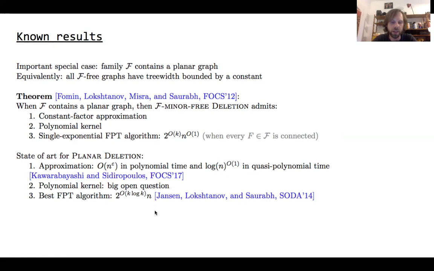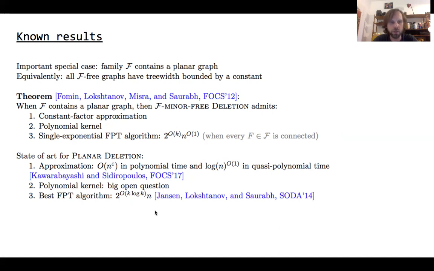Planar graphs have unbounded treewidth, so they don't fall into this category, also because neither K5 nor K3,3 is planar. So for this case of planar deletion, the state of the art is as follows. For approximation, we know an n to epsilon approximation in polynomial time for any positive epsilon, and a polylog n approximation in quasi-polynomial time.